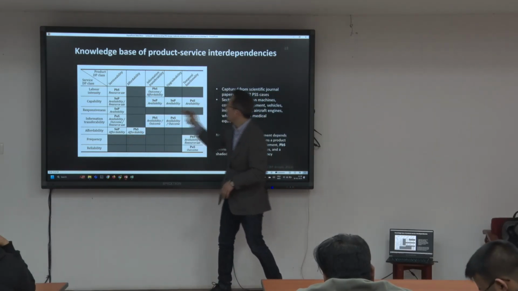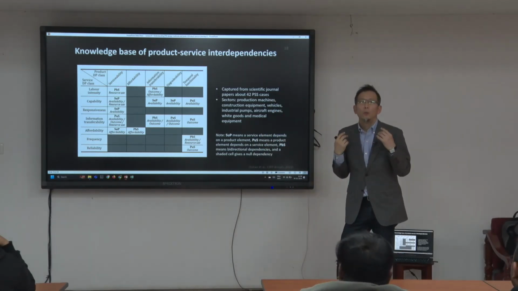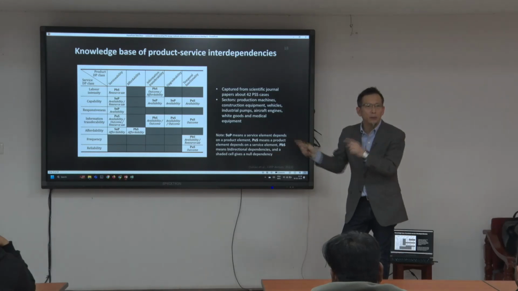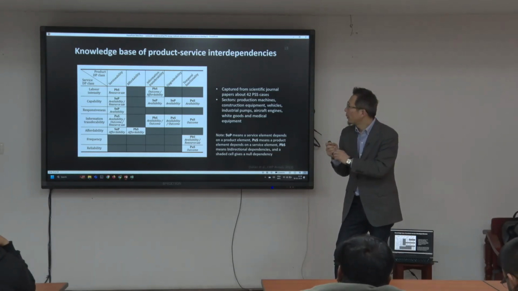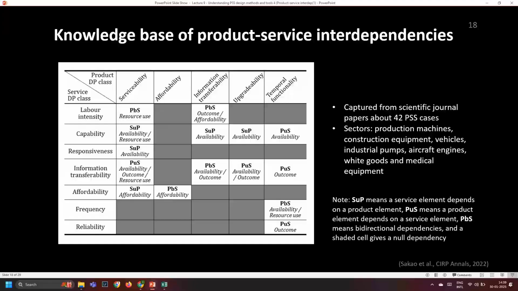These gray cells mean that we haven't found a dependency between the combination. And on the other hand, white cells mean that at least one scientific work has found such an interdependency. Right?